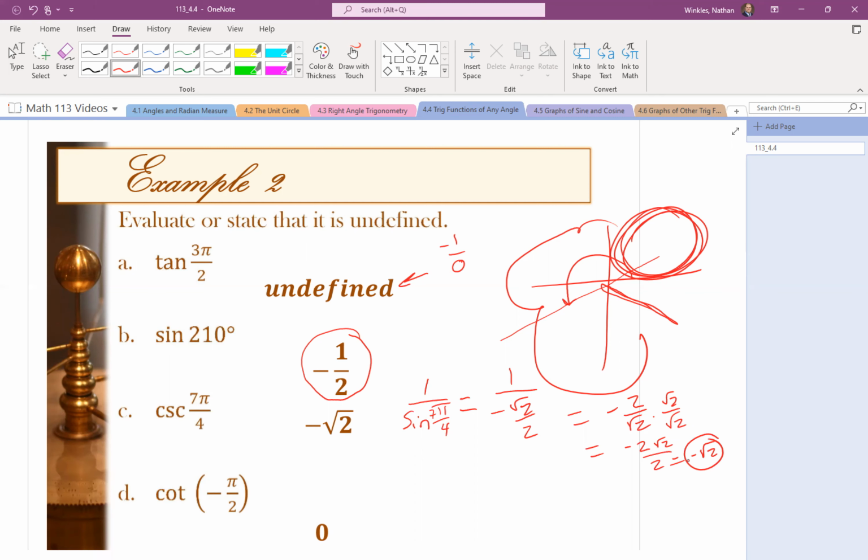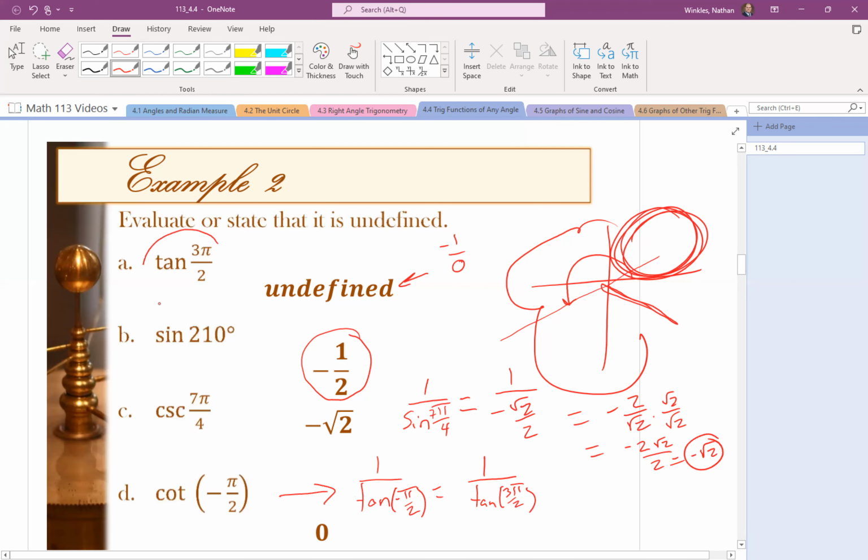Cotangent of negative pi over 2. Well, cotangent of negative pi over 2 is the same thing as 1 over tangent of negative pi over 2, which is the same thing as 1 over the tangent of 3 pi over 2.